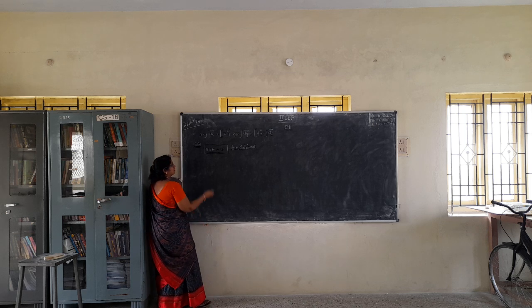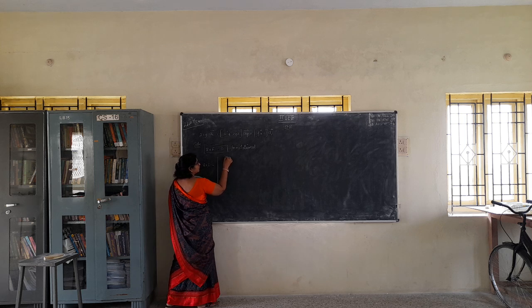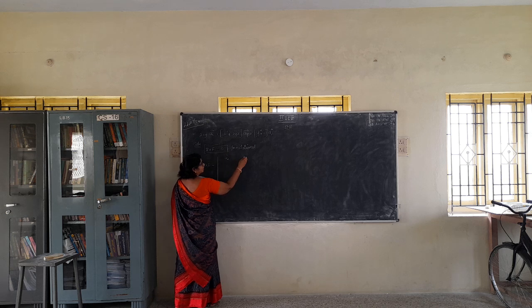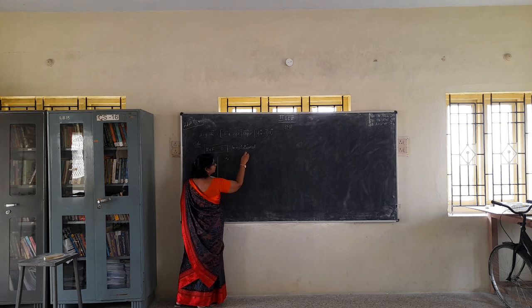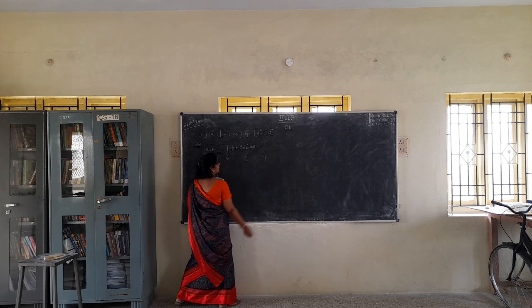Irrotational condition. So curl of F is equal to, form a matrix. First row: ax vector, ay vector, az vector.